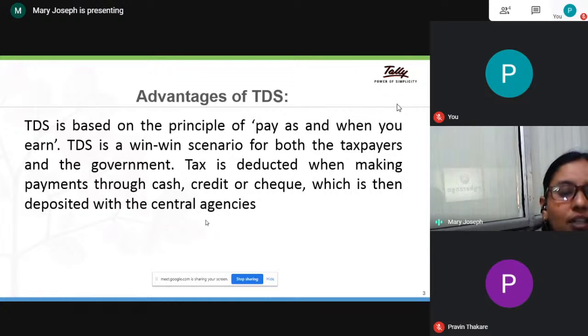For that 1,000 he can apply by filling a TDS form to the Income Tax Department, and he will get back his money, the TDS amount which was deducted by the deductor from the deductee, right?